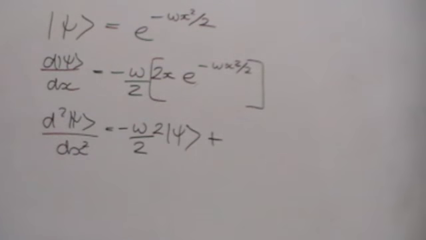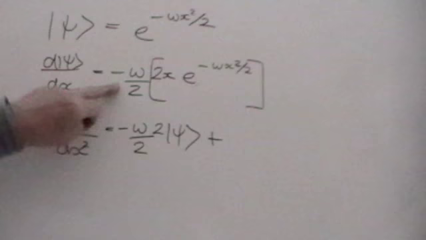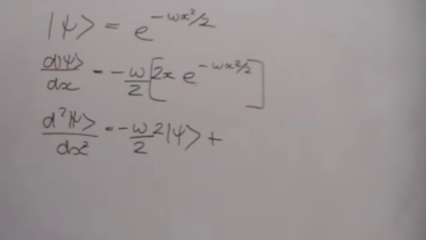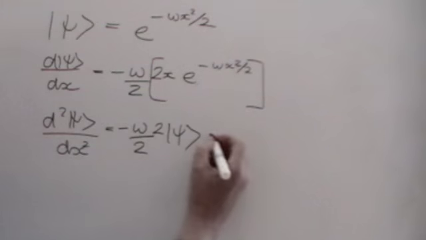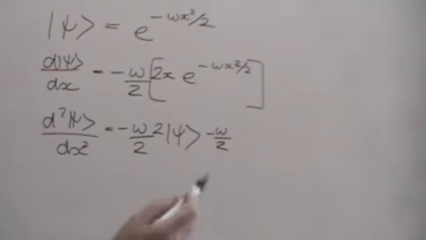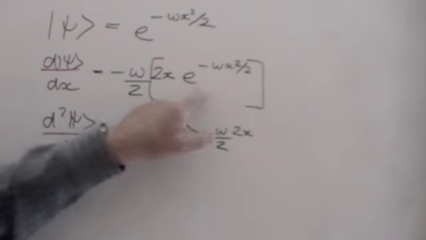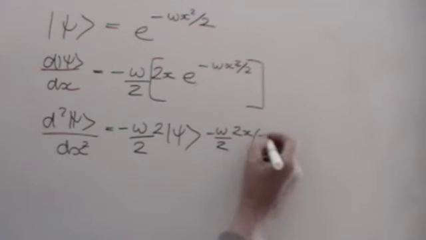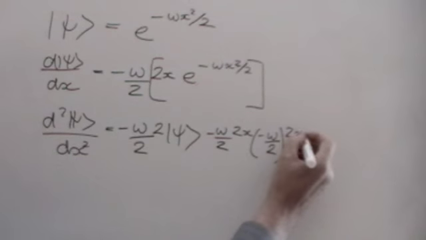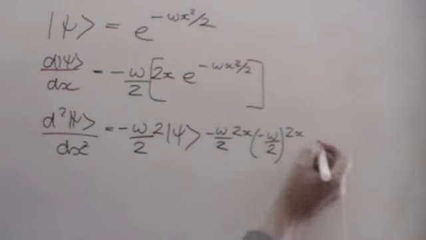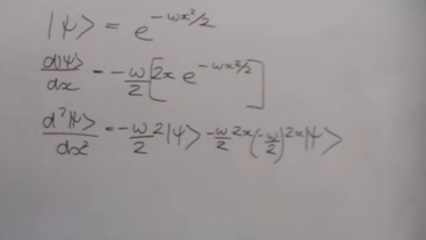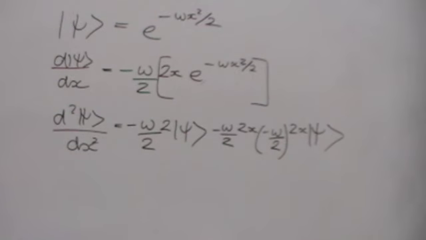And then you add to that this term, which is minus omega over 2. This term stays the same now, 2x. But now we have to differentiate this. So we're going to get another minus omega over 2. And then from here we're going to get a 2x. And then we're going to just be left with this term itself, which of course is psi.